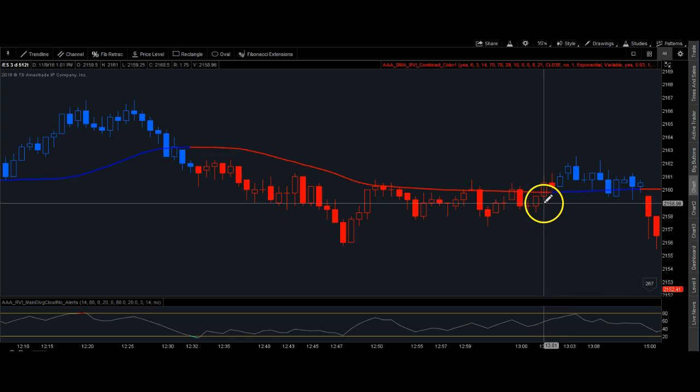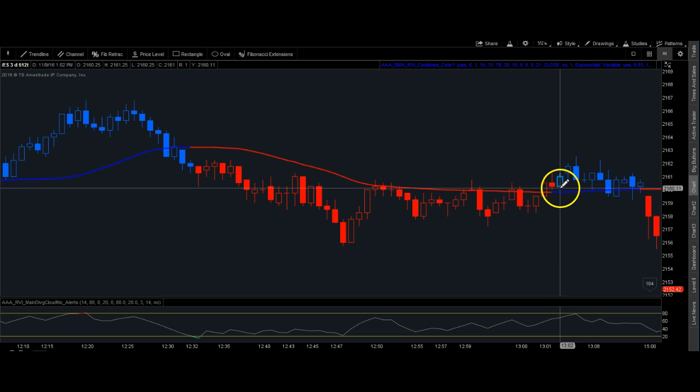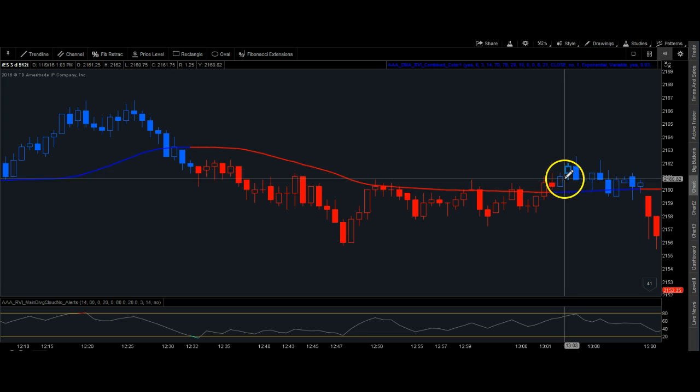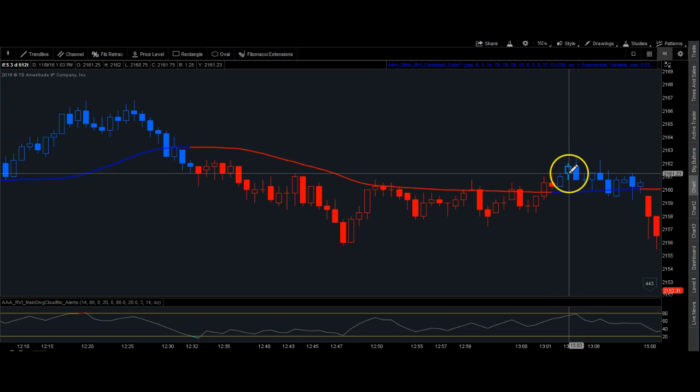Very important: these lines are going back and forth while the candle is being made in real time. It might turn red, but then it might go back to blue. So you've got to be really careful. You actually need to wait for that candle to turn blue, the very next candle to open blue, and that's where you sell at the market and you're out of the trade completely, okay?